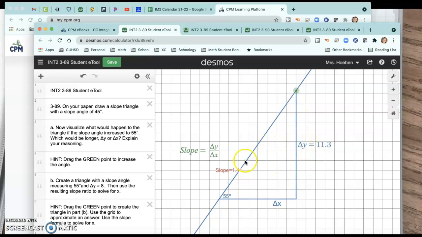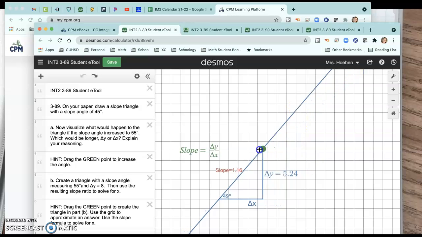Okay. Part B then says, now create a triangle with a slope angle measuring 55, but keep your y at 8. So if we reset it, we want to keep our change in y at 8. To get this angle from 45, right now it's 45, we want it to be 55.